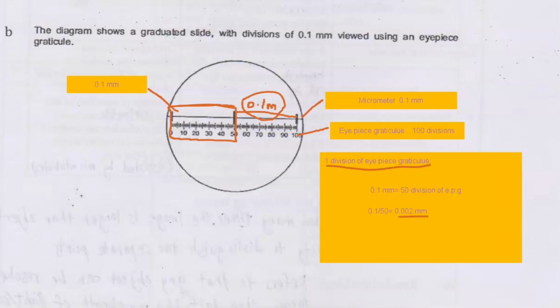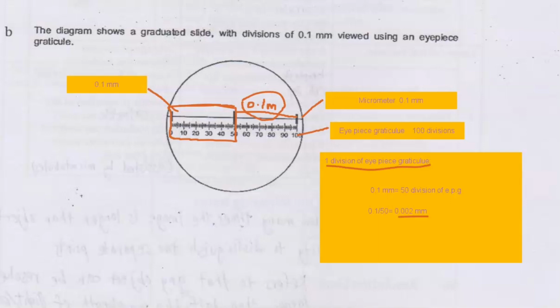This is the second step. First, we superimpose the two scales, micrometer and eyepiece graticule. Then we look at how many divisions of the eyepiece graticule match with the 0.1 mm, which was 50 divisions. So we find 0.1 divided by 50, 0.002, and get the length of one eyepiece graticule division.